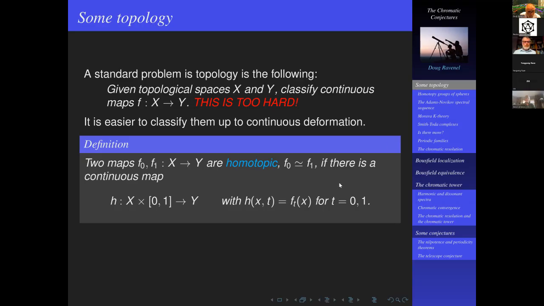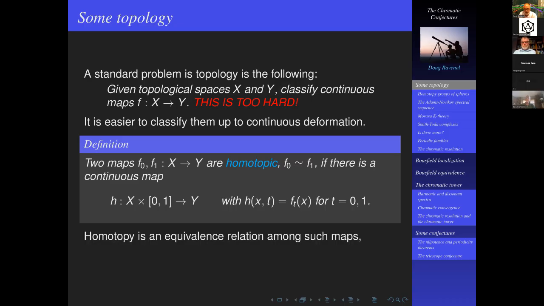So two maps are homotopic if you can construct a map H from the cylinder X cross the unit interval into Y with the right properties. That map H is called a homotopy. And it's not hard to show that this gives you an equivalence relation among continuous maps from X to Y.